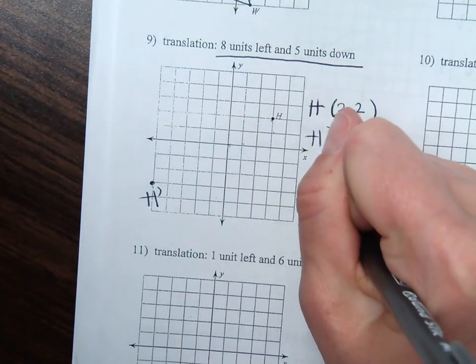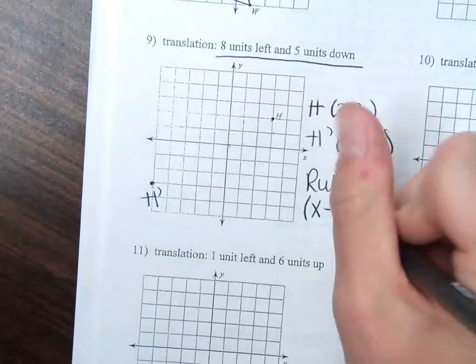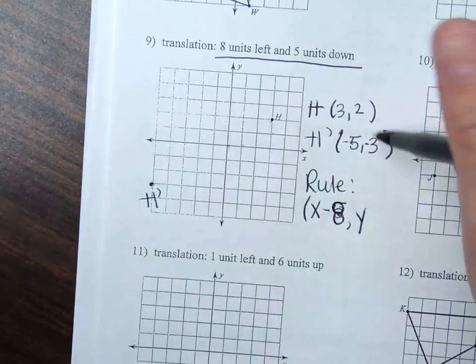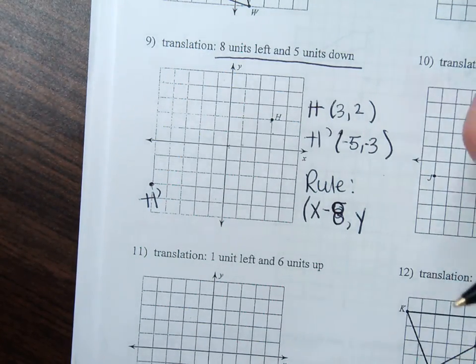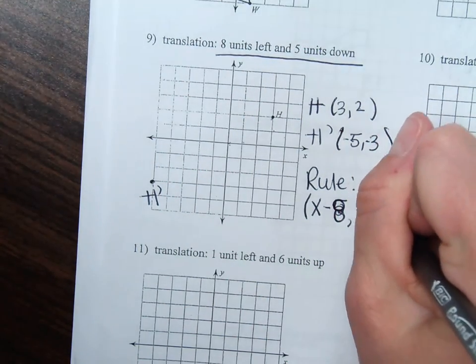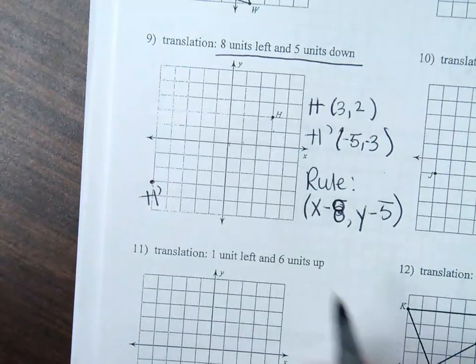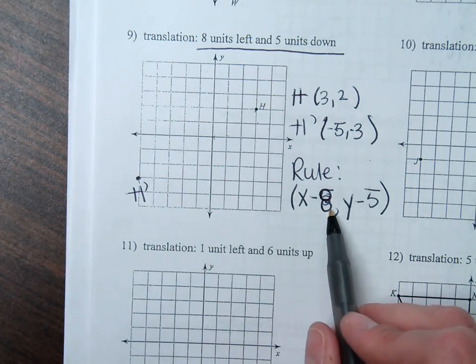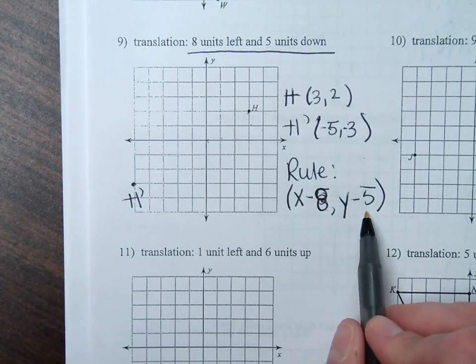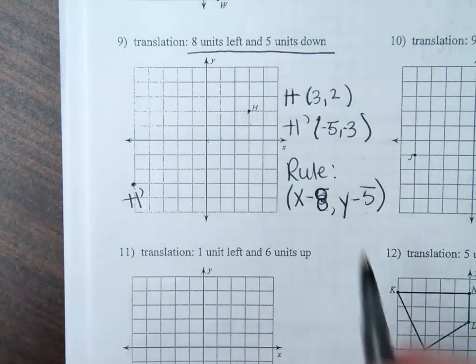I'm sorry, we're subtracting 8. I counted very, very wrong. Alright, and on the y-axis, we're going from 2 to negative 3. So I have 2, 1, 0, negative 1, negative 2, negative 3. So we are subtracting 5. So this lets me know that any point we want to choose, you're going to subtract 8 for the x-coordinate, and you're going to subtract 5 for the y-coordinate.